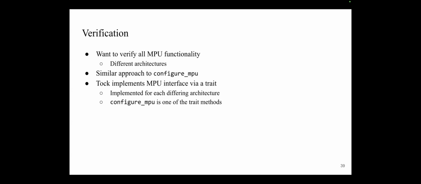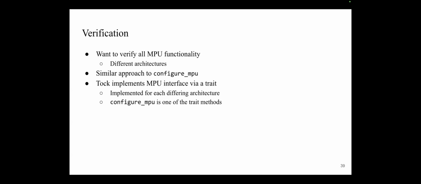One key thing to understand here is that Tock is a multi-platform OS, and that means that there are different architectures that it supports. Because of that, the MPU that it has to deal with for each different architecture is going to have different semantics. A very intuitive way to approach this in Rust is to have a trait that implements some interface with specific methods to do certain operations on an MPU.